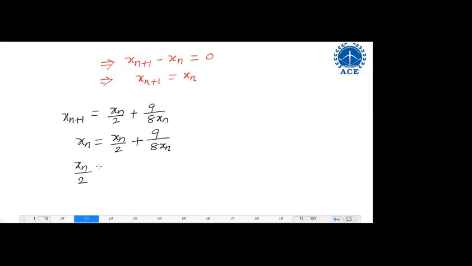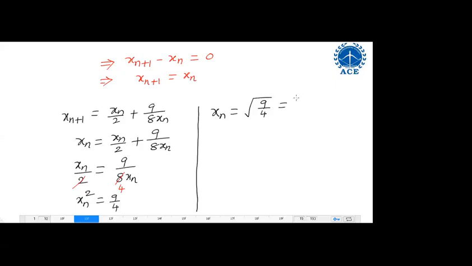Then it is xn by 2 is equal to 9 by 8xn. By cross multiplication, xn goes to the left side numerator. So xn square is equal to 9 by 4. So xn is equal to plus or minus root of 9 by 4. The minus symbol is not considered because among the 4 options, all options are with the plus symbol only. That's why plus 3 by 2, that is 1.5.